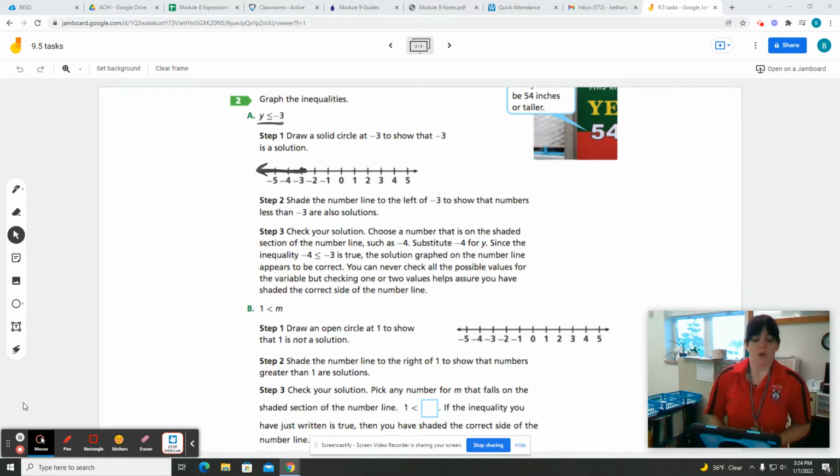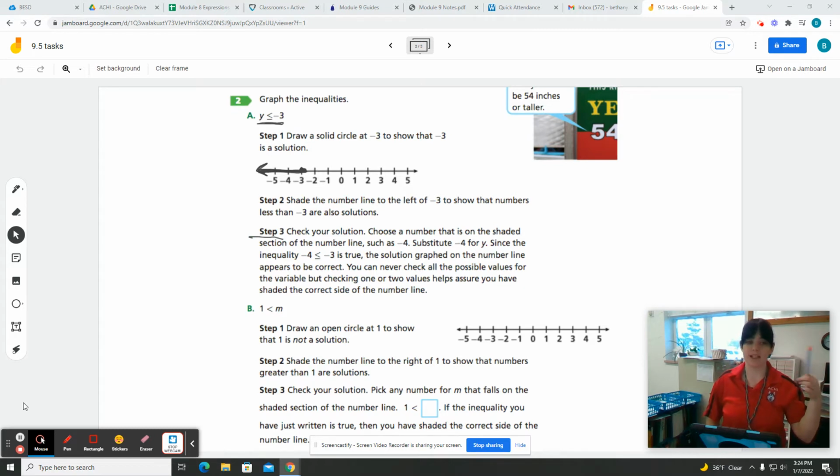When the sign is greater than or equal to, or less than or equal to, you do a solid circle. Now, sometimes we have to check our solution. So this is step 3: check your solution, think in your mind.